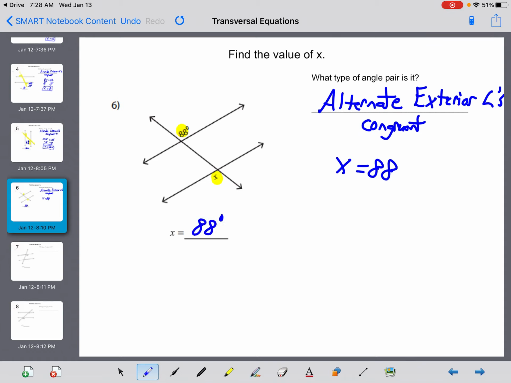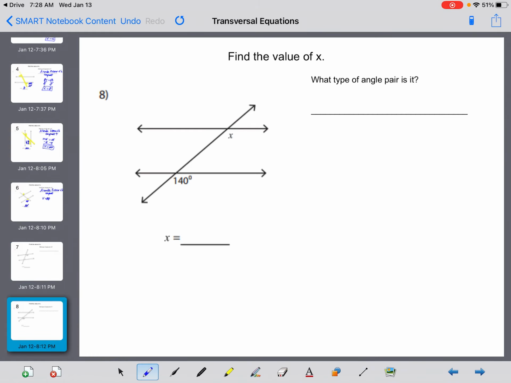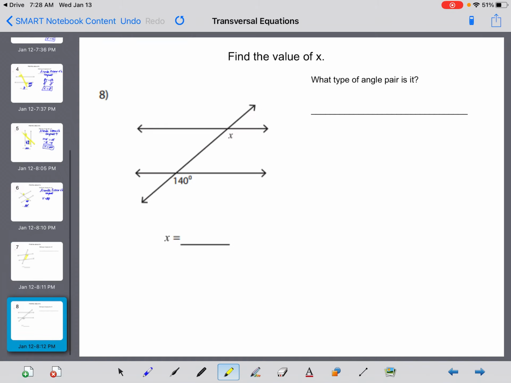And guess what? That one is done. Okay, why don't you try these on your own? Identify the angle pairs. Okay, solve for x and tell me what the angle is.